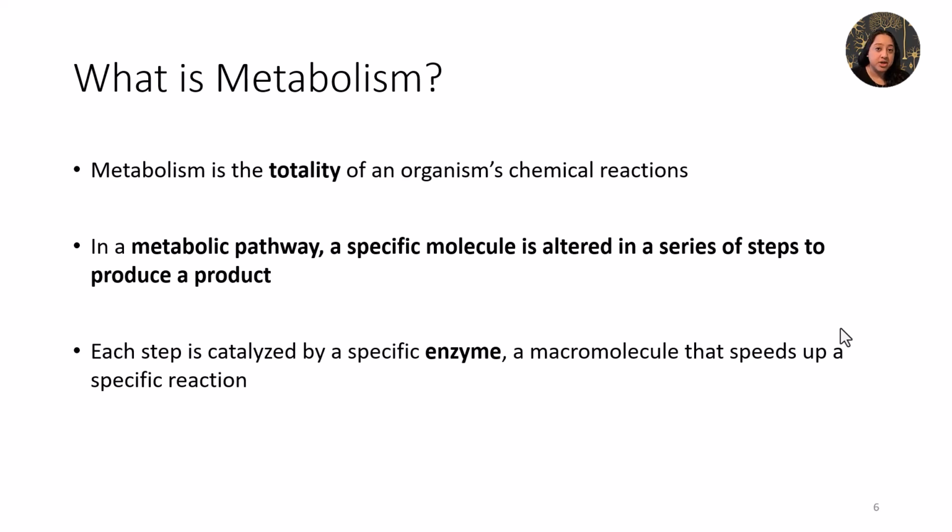In a metabolic pathway, a specific molecule is altered in a series of steps to make a product. And each step is catalyzed, or helped to happen, by a specific enzyme. An enzyme is a macromolecule, usually a protein, that speeds up a specific reaction.